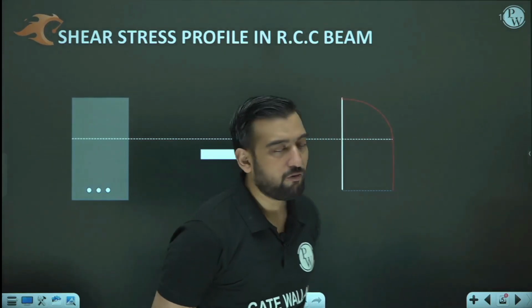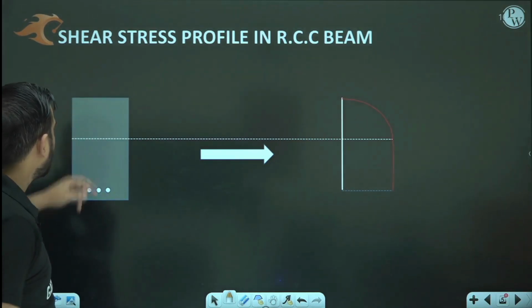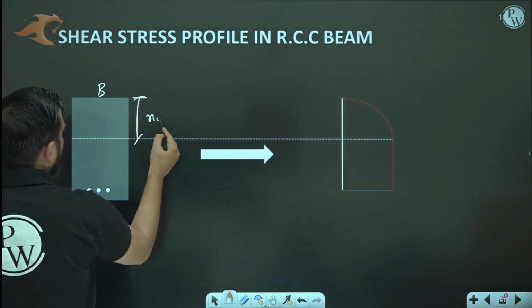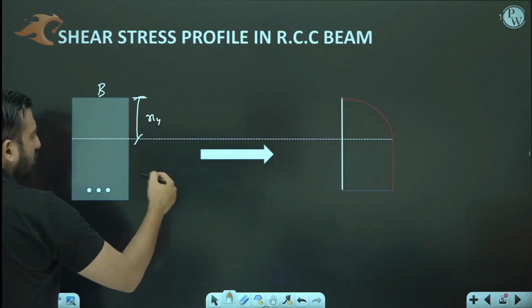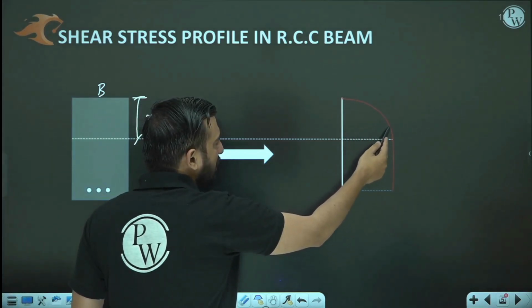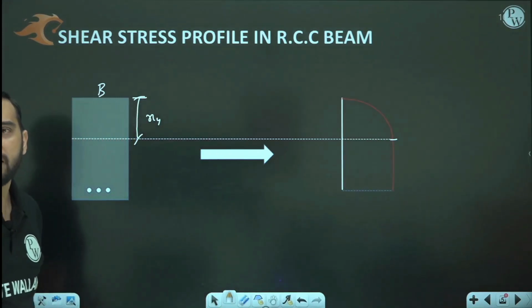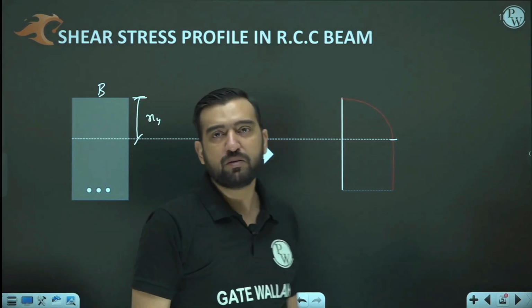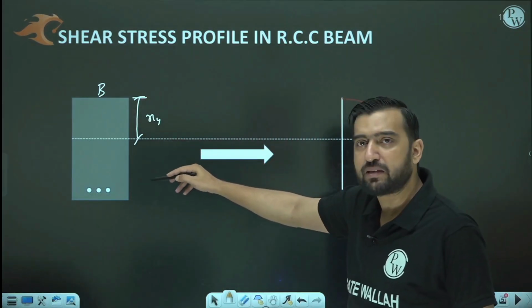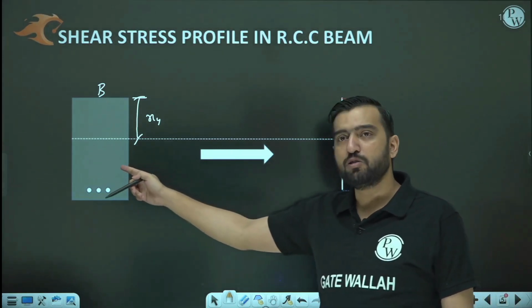Okay, so what is happening here? Till the compression zone, if this is B, and let's suppose this is XU, the graph is parabolic and increasing. So at the neutral axis this value is maximum. I hope it is visible. Yes, at the neutral axis this value is maximum, and the moment you go down below the neutral axis, you can see that there is no concrete.